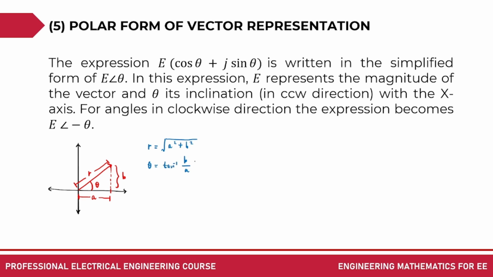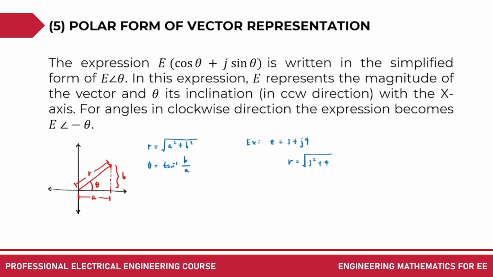Now, to give you an insight with this example, if we have Z as 3 plus J4, we will get your R as the square root of the sum of the squares of the components.